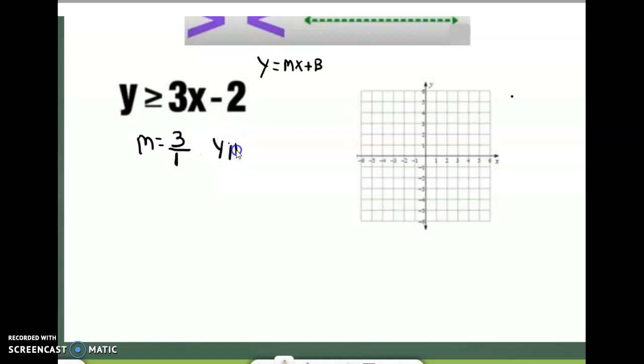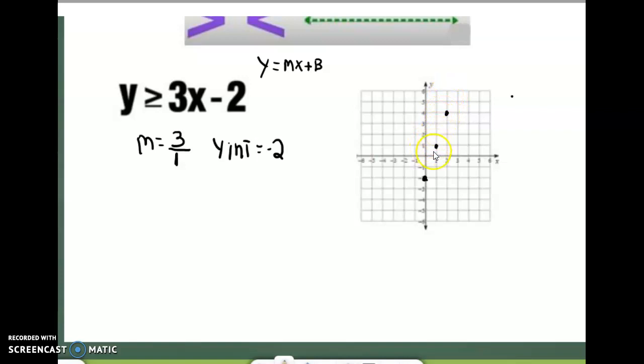And the y-intercept is going to be negative 2. All right, so we're going to start at negative 2. And we're going to have a positive slope, so our line will be going up. So we're going to go up 3 over 1, up 3 over 1.